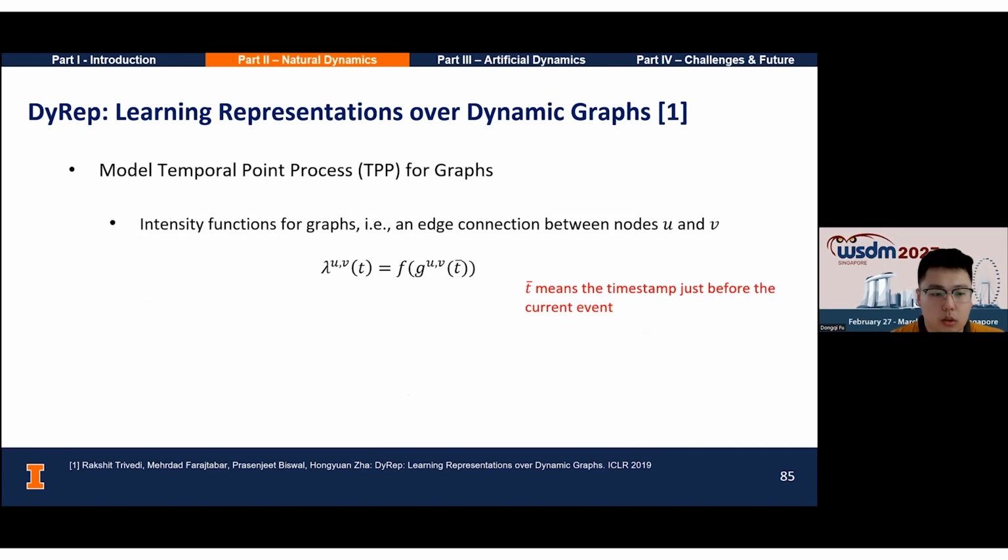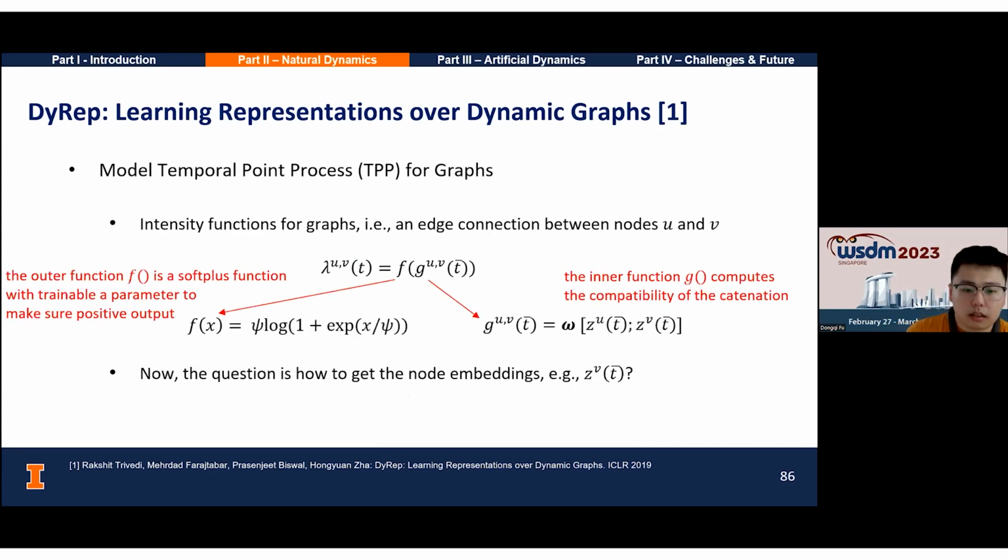To do this, the formulation is quite simple, and we can understand it easily. The lambda here means the intensity function of the connection of u and v at time t. The t bar here means the time step just before the current event where u and v just connect.